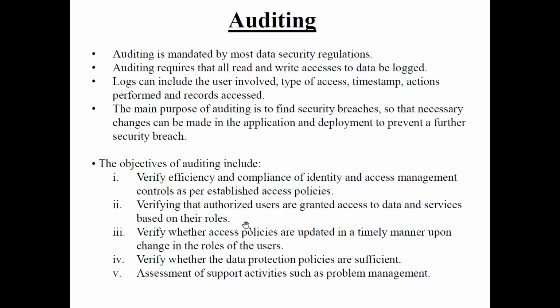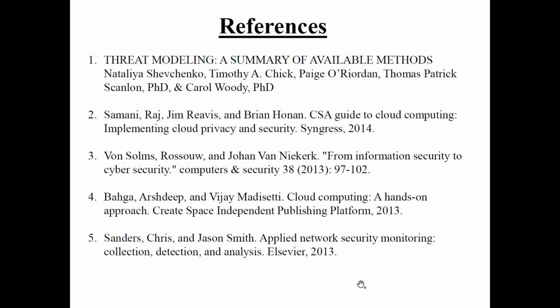Third is verifying whether the access policies are updated in a timely manner upon a change in the role of a user. The fourth is verifying whether the data protection policies are sufficient. And finally, assessment of support activities such as problem management.